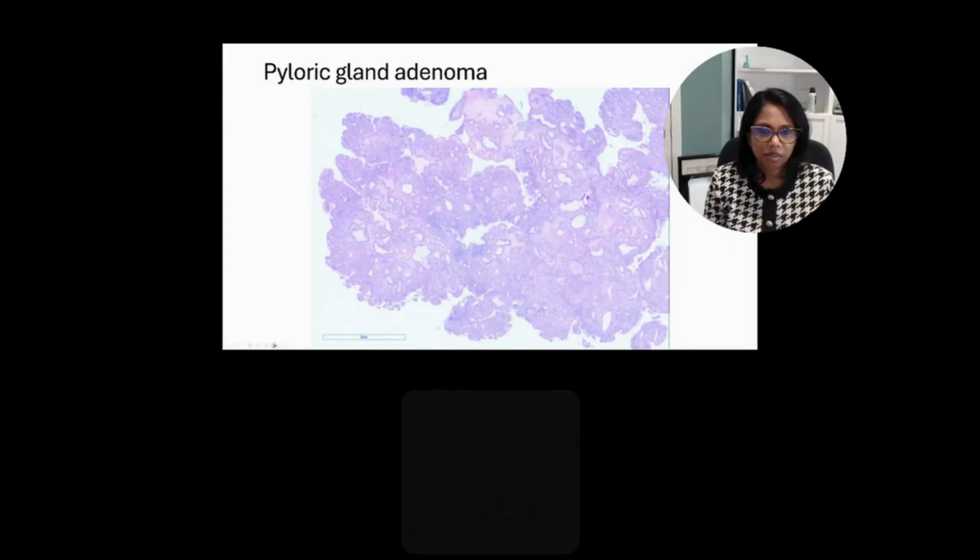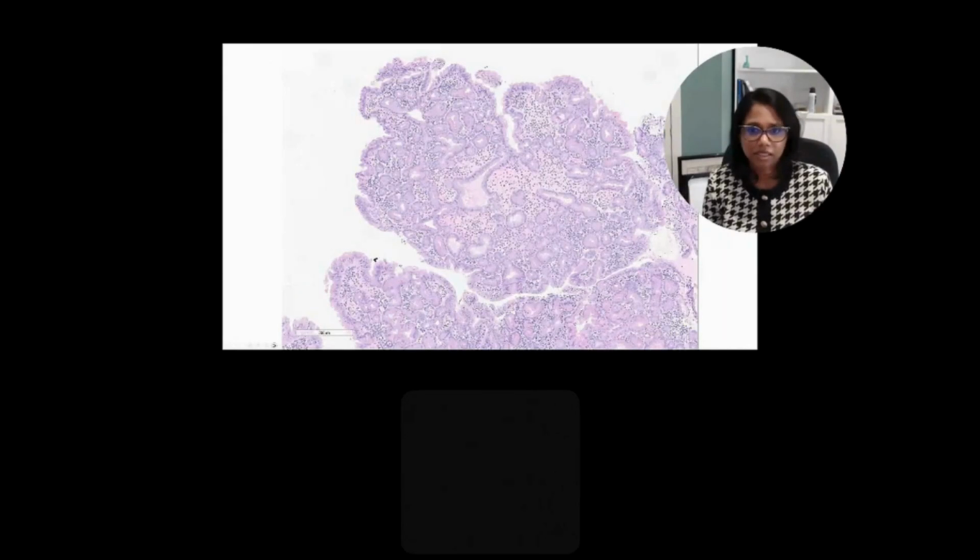Apologies for this terrible image, but I just wanted to give you an overview of what a pyloric gland adenoma looks like on low power. It's quite exophytic and pedunculated, as you can see, and I'll give you a much better image here. It's a higher power image of the same polyp, where you have very tightly packed pyloric glands, and the surface epithelium is lined by foveolar type epithelium.